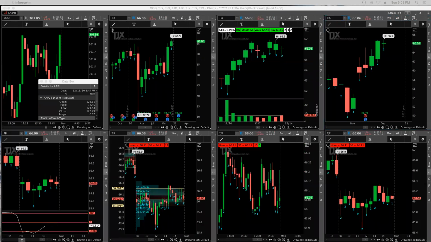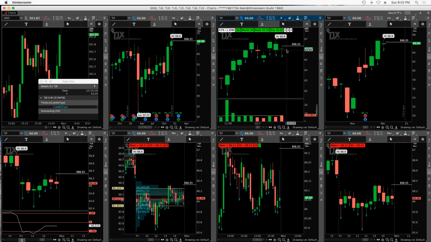All right, so TJX. Ooh, that looks ugly on the 5-minute. But let's see. This was a 3-2 down. So if this does a 2 up, I like 1-2 down or 1-2 up, and then the reversal in the other direction, or like 3-2 down, 3-2 up, and a reversal in the other direction.